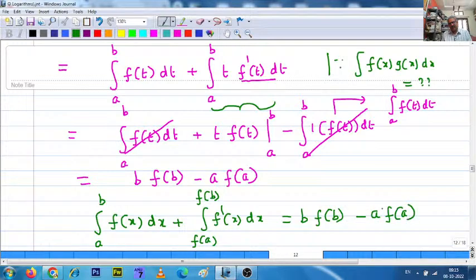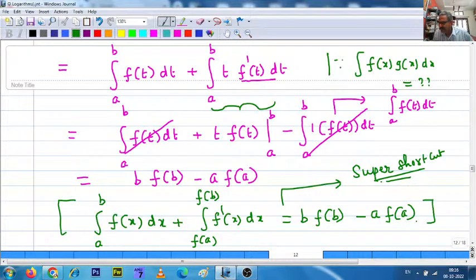This is the super shortcut we derived. This is enough. But for our better understanding, I proved this for you. We derived the formula, right? So now we are going to solve our problem with the help of this shortcut.